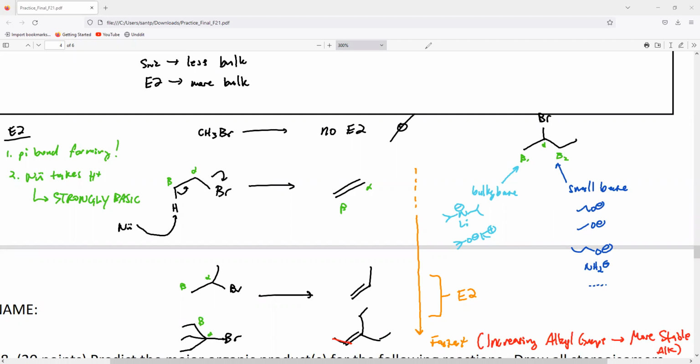Someone raised their hand. I had a question on how you got the product for the second one, how you got the double bond. Did I mess it up? Okay, so what I did was this. If I draw it out nicer, this H will go here, this will go here.